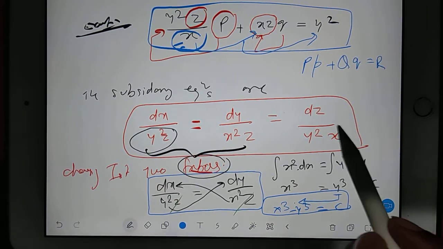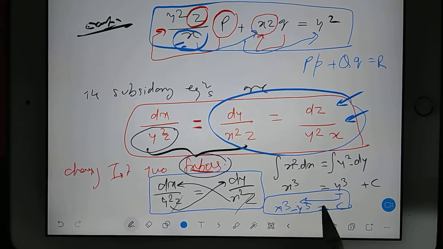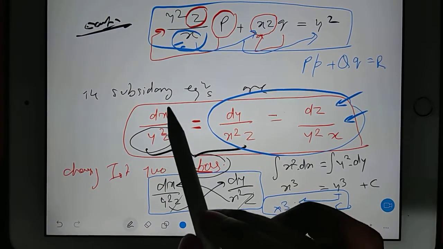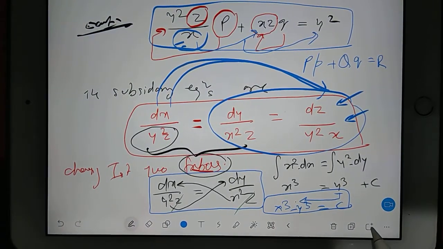In the same way we will use our next two fractions. You can use any two fractions. So you can also use the first and third. So let's use the first and third fraction. No problem, I will change the page. When you choose the first and third fraction, again y square and y square will get cancelled.